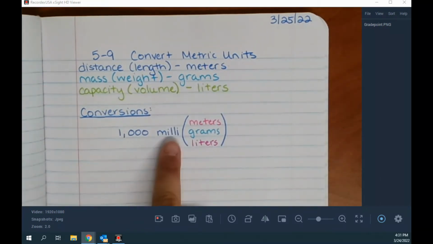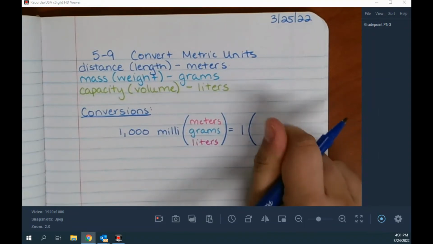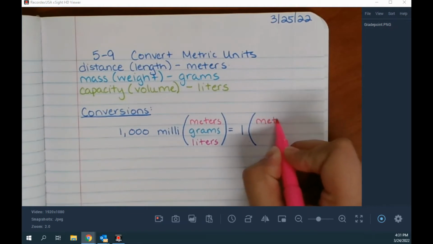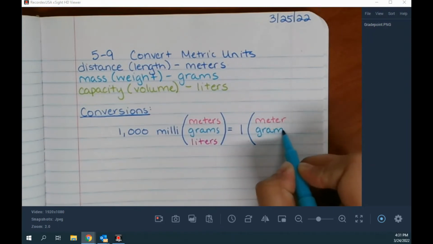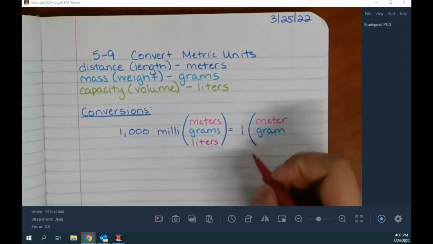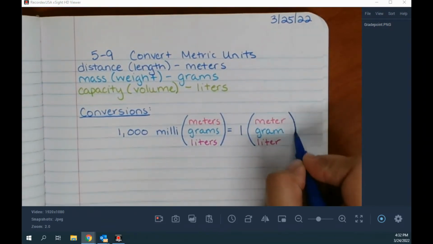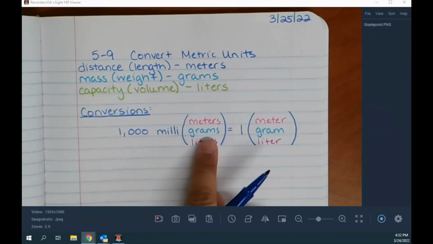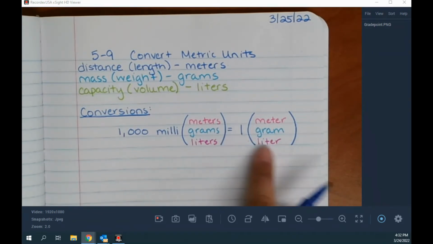So 1,000 millimeters, milligrams, or milliliters is equal to 1 meter, gram, or liter, if we're talking about volume. So 1,000 millimeters is equal to 1 meter, 1,000 milligrams is equal to 1 gram, or 1,000 milliliters is equal to 1 liter.